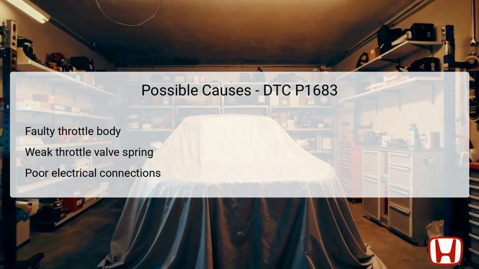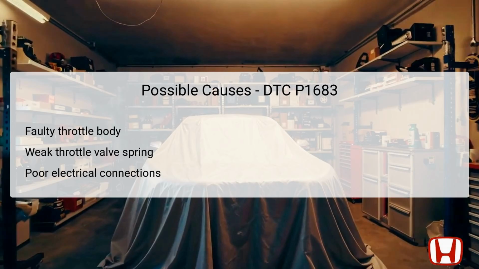Several factors could contribute to DTC P1683, beginning with a faulty throttle body itself. If the throttle body is damaged or has internal defects, it would fail to function correctly. Another potential cause is a weak throttle valve spring, which may not provide adequate resistance for the valve to return to its default position effectively.